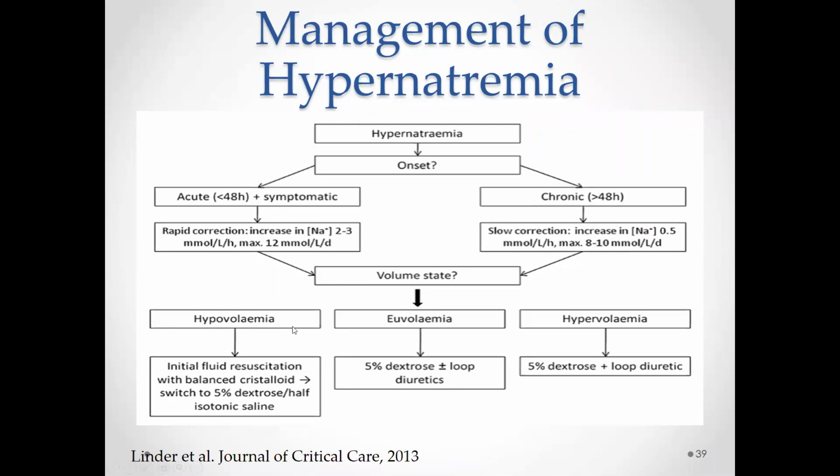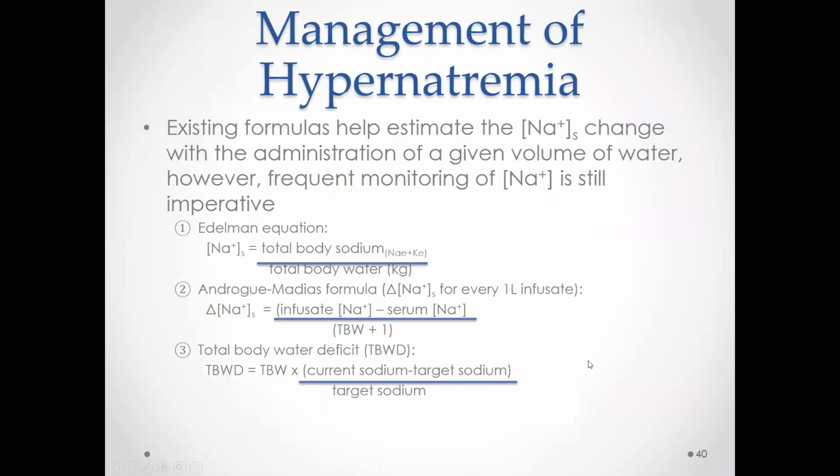For volume status, if hypovolemic, we can give isotonic solutions, and then switch to D5 after. If euvolemic, we can give D5 and loop diuretics, and if hypervolemic, we can just give the same D5 and loop.